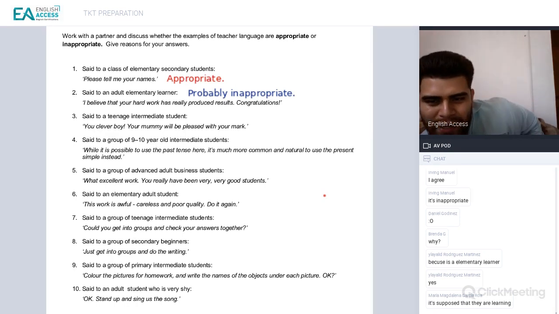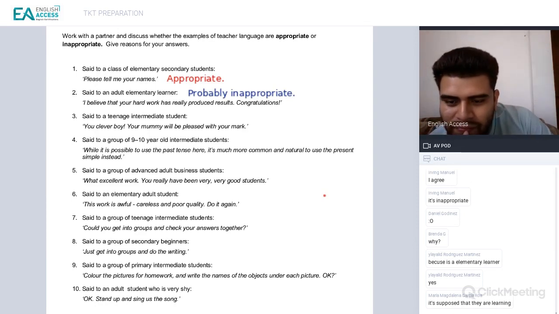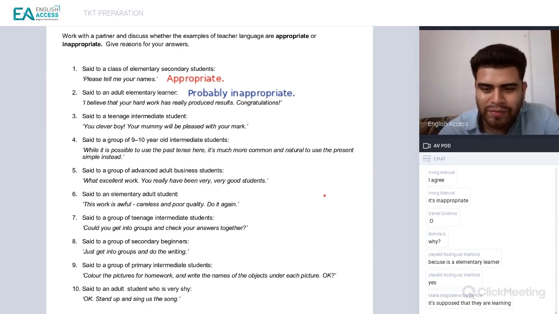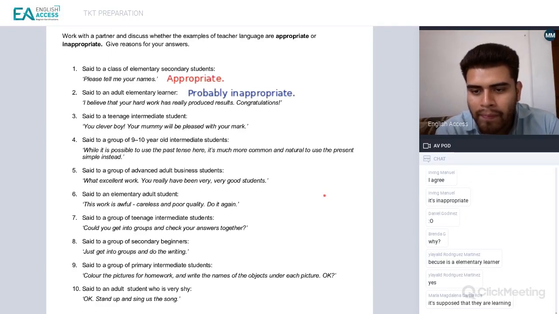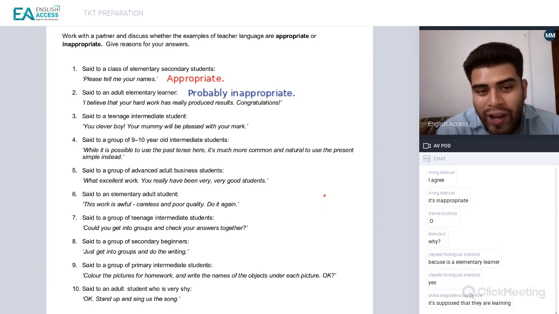What do you mean by that, Magdalena? You can unlock your mic if you like. I mean, it's the way you say that it's too much for them because they are learning. They don't know the formal structures. Yes, that's true. Now, Magdalena, what do you think would be a better way to praise your student there?